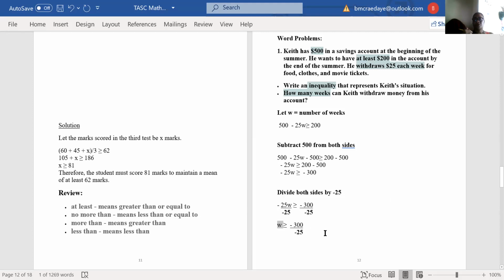Negative 300 divided by 25. What would that be? 300 divided by 25. Vanessa, 300 divided by 25.